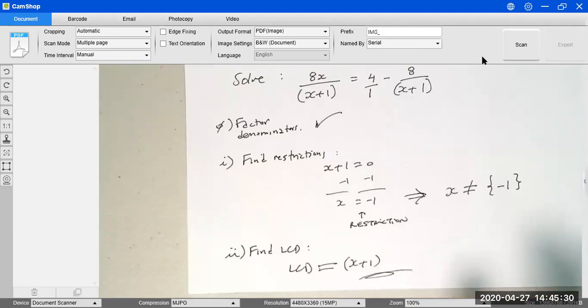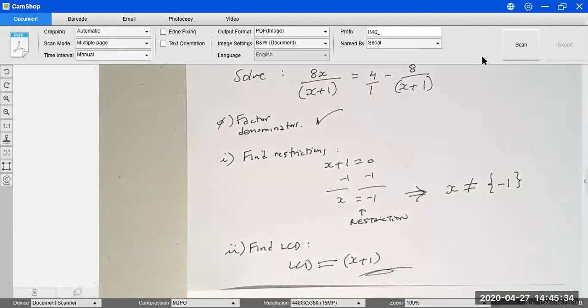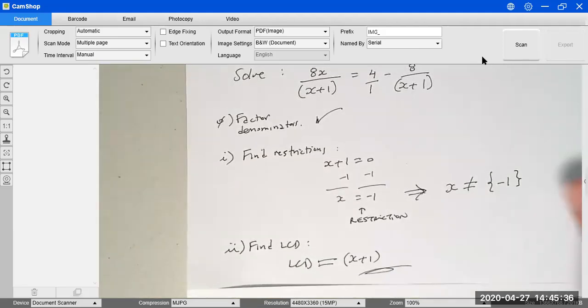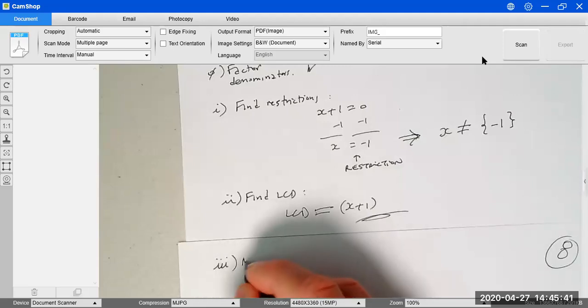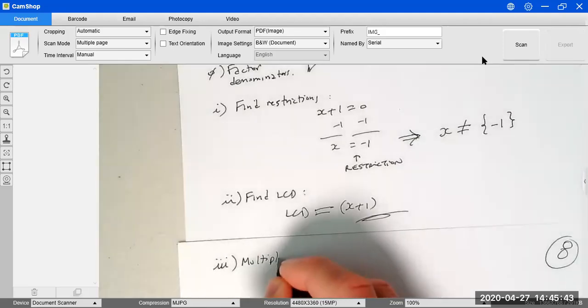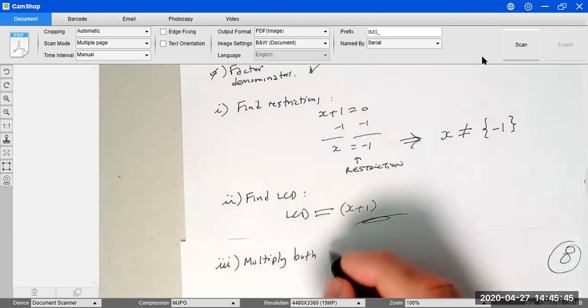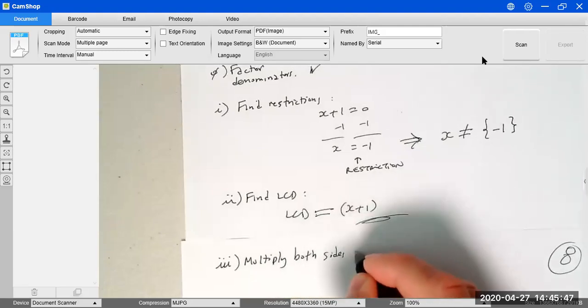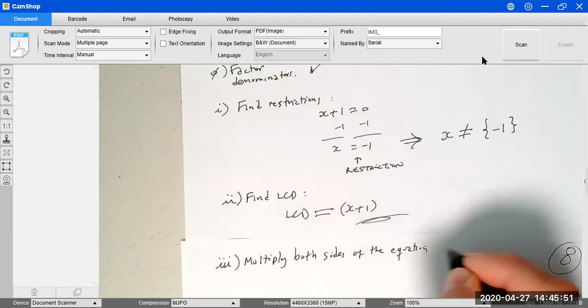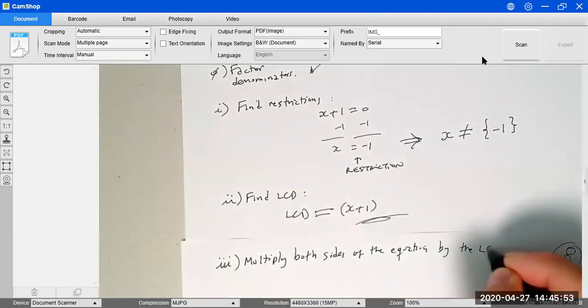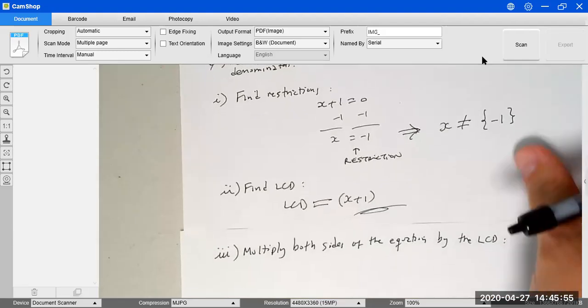So now step 3 is going to be, we're going to multiply both sides of the equation by the least common denominator.